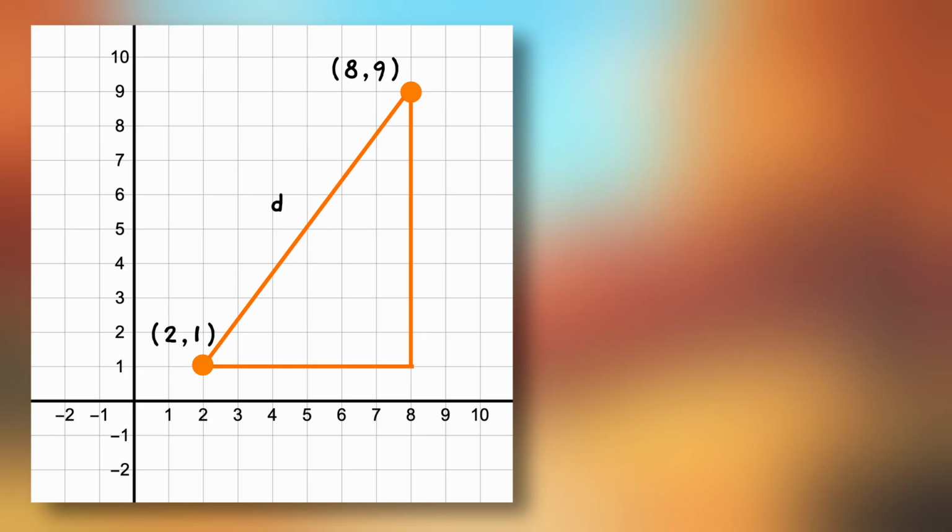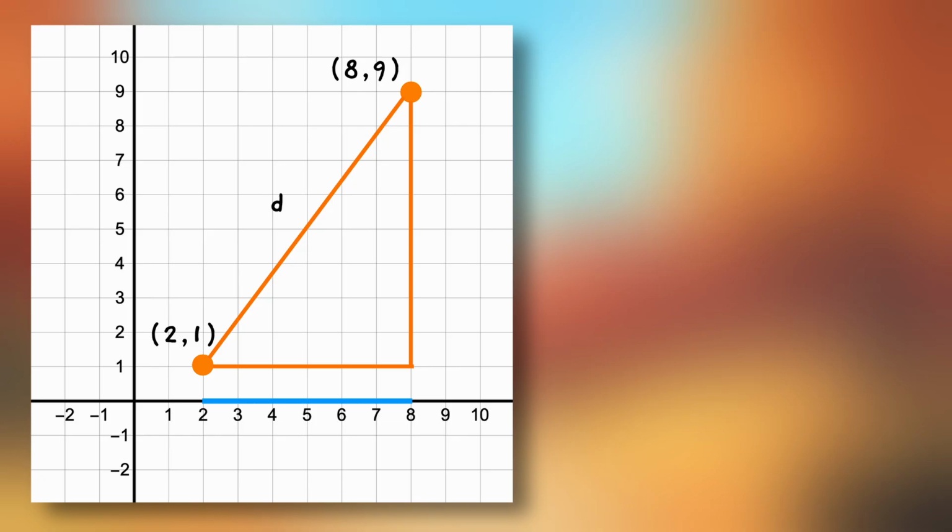And to find the lengths of the 2 sides, what we're going to do is use that formula for finding the distance between 2 numbers on the real number line. Okay, so let's do that now. Let's look at this bottom leg of the triangle. If you were to project it down to the x-axis, it starts at the point 2 and goes all the way over to 8. And I got that because I'm looking at the x-coordinates of the 2 points.